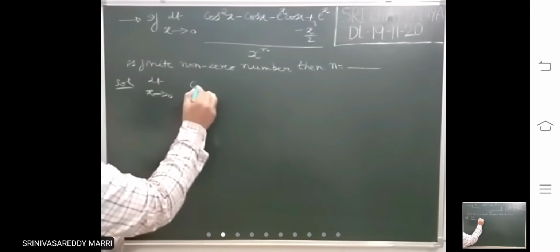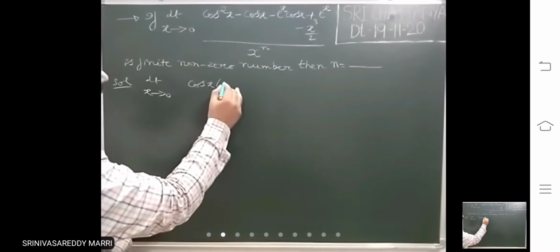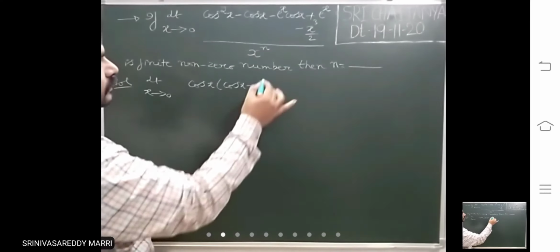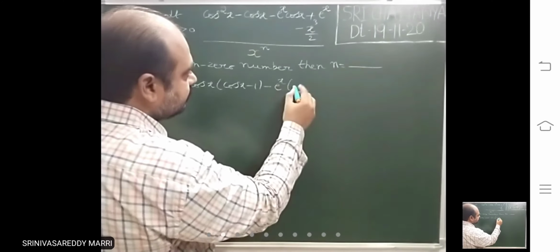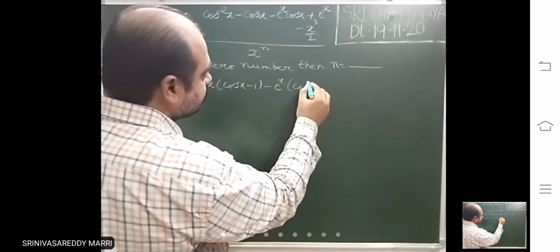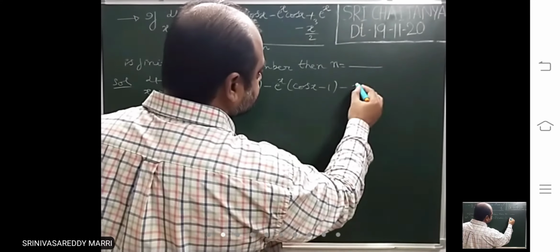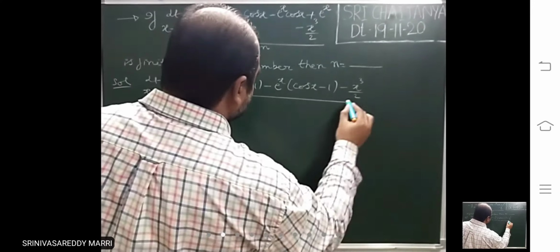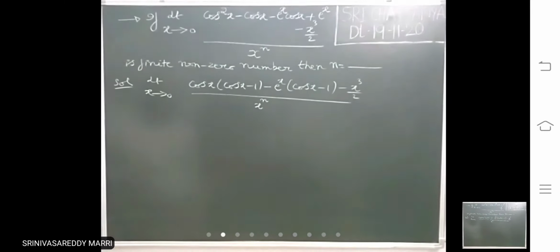Limit x tends to 0. I am taking cos x common from the first two. In these two I am taking minus e power x common. This will be the same, divided by x power n.